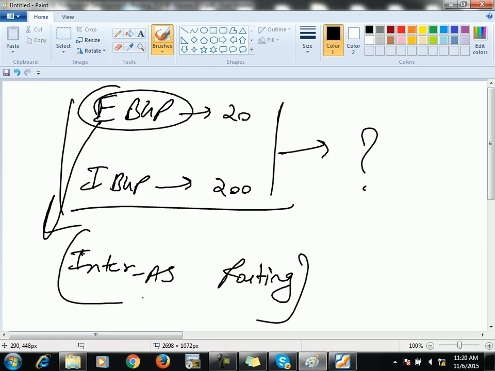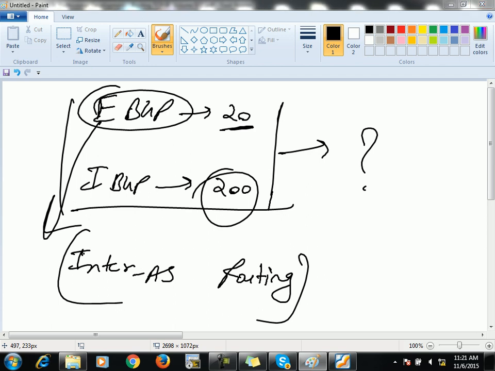Apart from it, now the question is that for eBGP we have AD value 20 and for iBGP we have 200. What is the reason behind it actually?